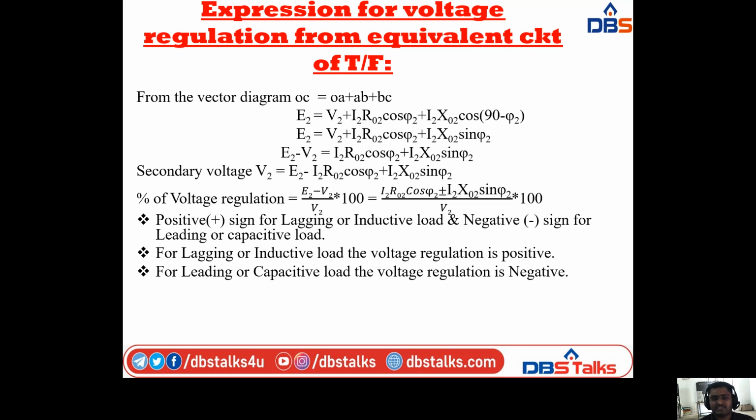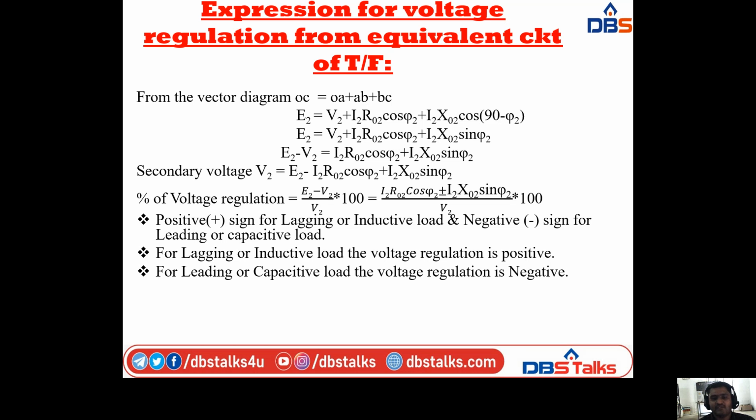Rewriting, taking V2 to the left side, E2 minus V2 is equal to I2 R02 cos phi 2 plus I2 X02 sin phi 2. So the secondary voltage V2 is equal to E2 minus I2 R02 cos phi 2 plus I2 X02 sin phi 2. This is the secondary voltage.